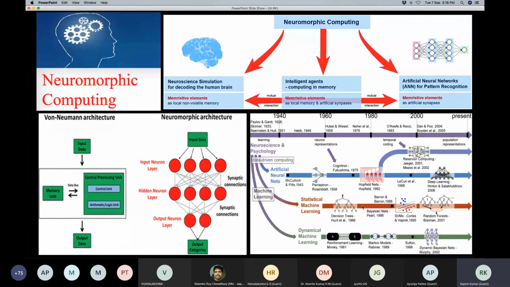Like reinforcement in 1961, then Markov models which come into the picture in 89, and then dynamic Bayesian nets in 2002, and some hybridization and keep on upgrading the things. Things keep on changing, and that is basically a pipeline.